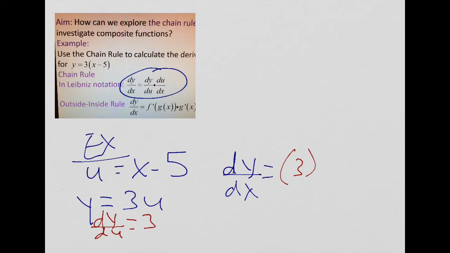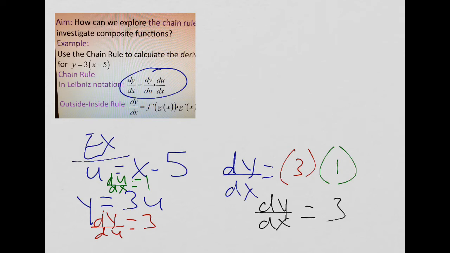And I'm taking the derivative of u with respect to x. So derivative of u with respect to x would be 1. And I'm just multiplying them together, and I get my final answer. Yes, it's just 3. Okay, so that's by using this notation.